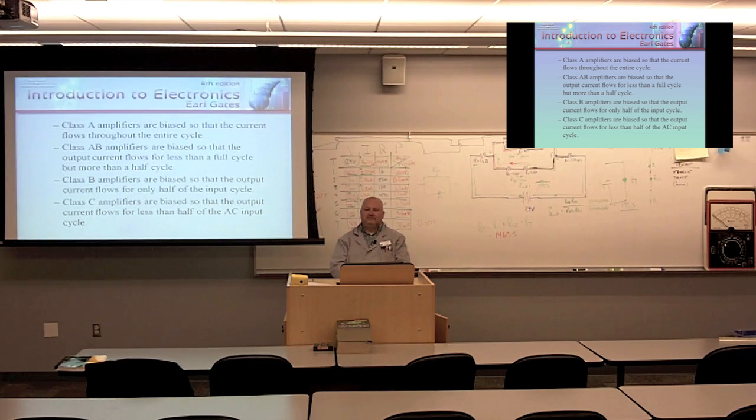AB, you put in 360, you get out more than 180, less than 360. Class B, you put in 360, you get out 180. Class C, you put in 360, you get out less than 180. And primarily those Class C amplifiers are used for RF amplification, TV and radio signals.